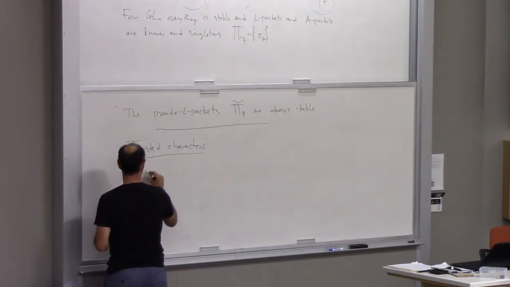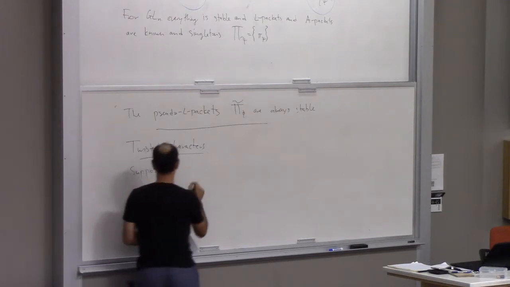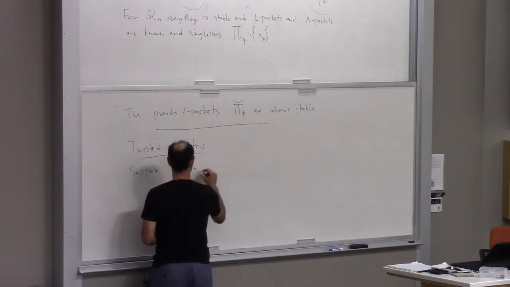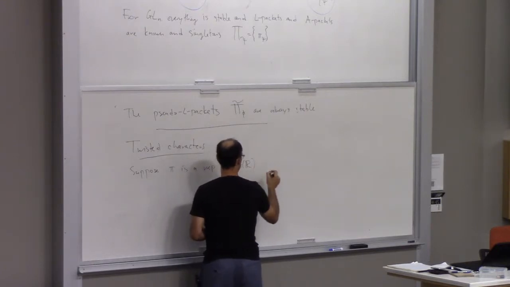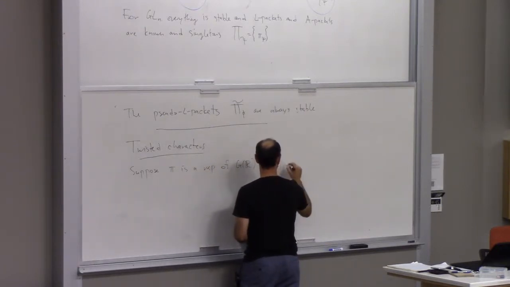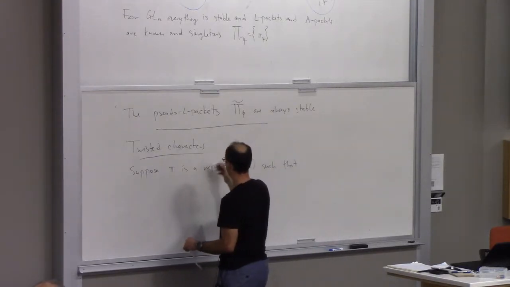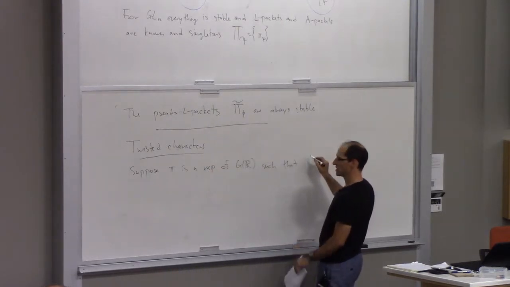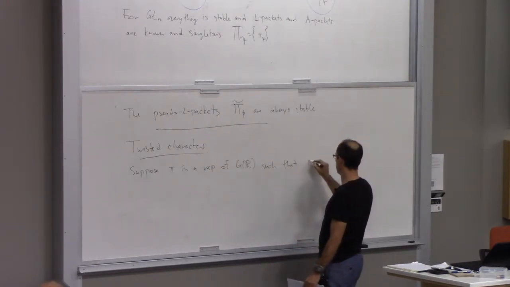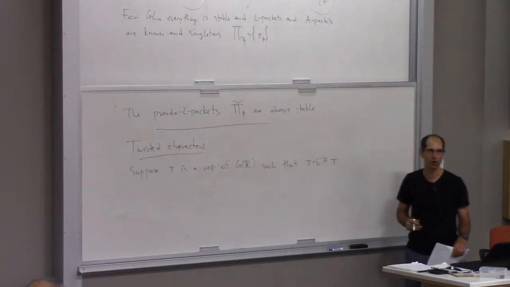Suppose pi is a representation of G(R), let's say irreducible, such that it's stable under composition with the outer automorphism.